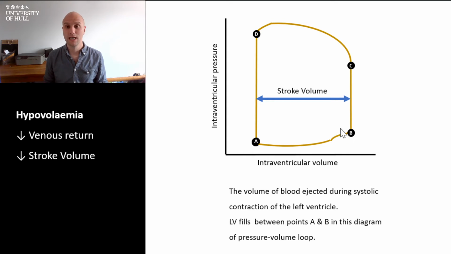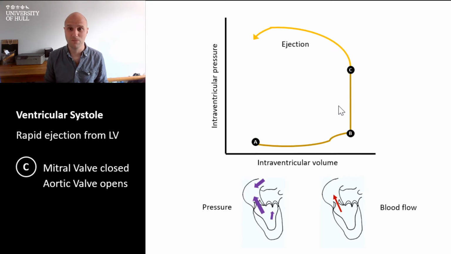We call the difference between the amount of blood that's in the left ventricle at the beginning of that filling phase and the amount of blood that's in there just as the heart begins to contract and the mitral valve closes, that's your stroke volume. And similarly, when the heart contracts and the aortic valve opens, we get this ejection phase.